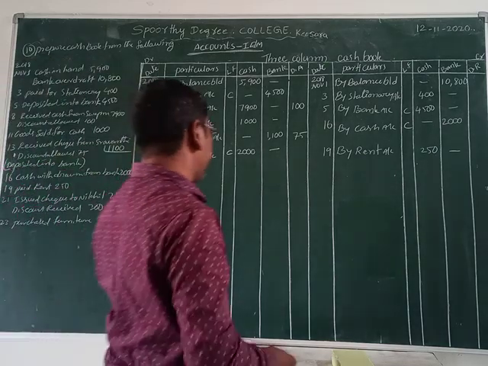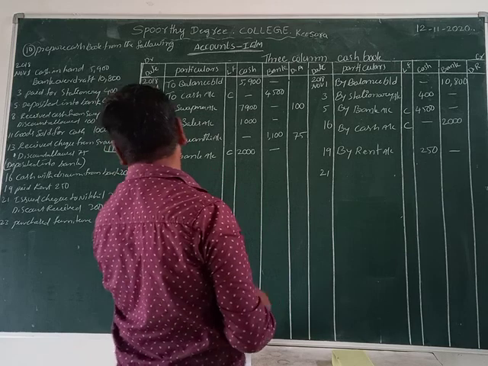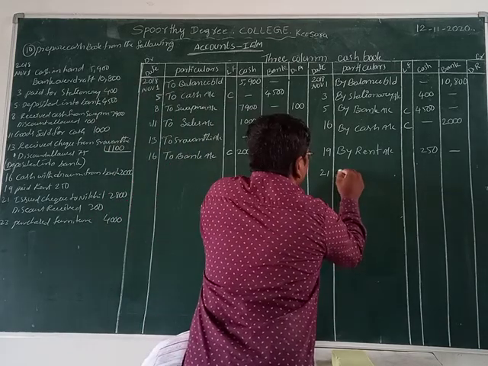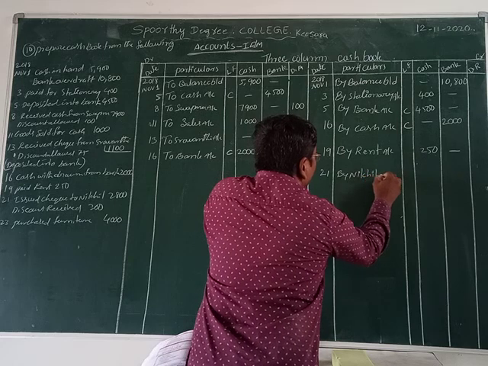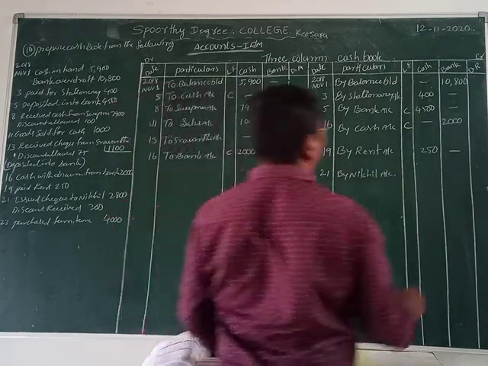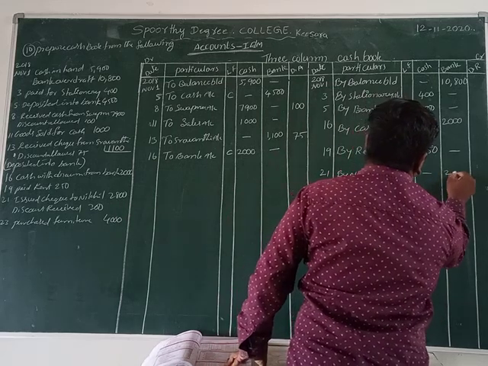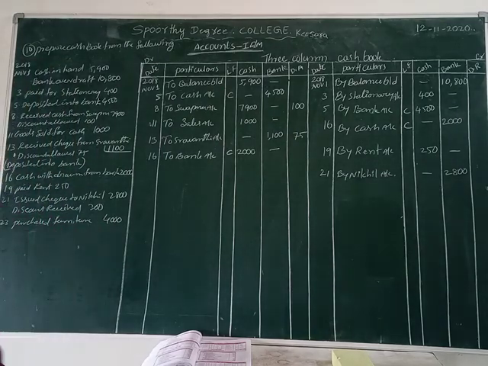21st date. How do we record that? Who received the check? Nikhil. That's why we record it by Nikhil account. The amount in the bank column is 2,800.